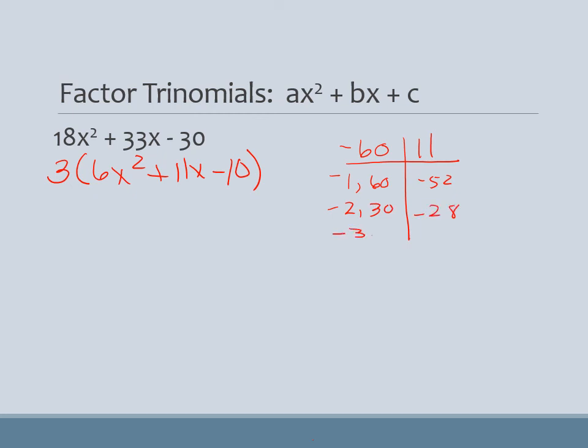Negative 3, oops, positives. 3 and 20 is 17. Negative 4 and 15 is positive 11.